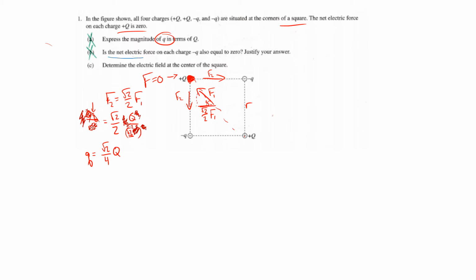Is the net electric force on each charge negative q also equal to 0? Justify your answer. Well, let's figure it out. I'm just going to grab this one. Doesn't matter which one, they're the same. There are 3 charges on there. One charge is going to be an attraction force going this way, one charge is going to be an attraction force going this way, and one charge is going to be a repulsion force going that way from the other negative q.